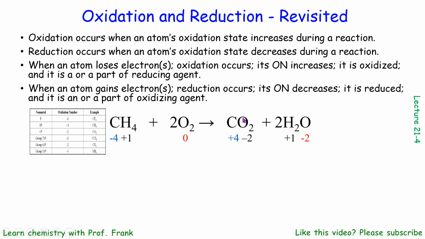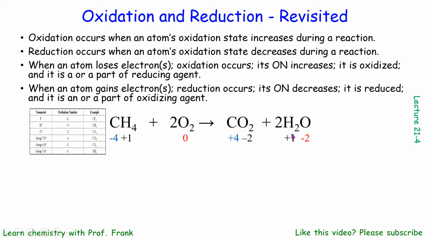Because this is a molecule, the overall charge is 0. That means the overall oxidation number should be 0. So therefore, what plus negative 4 equals 0? Obviously, positive 4. So that should be positive 4 for carbon.